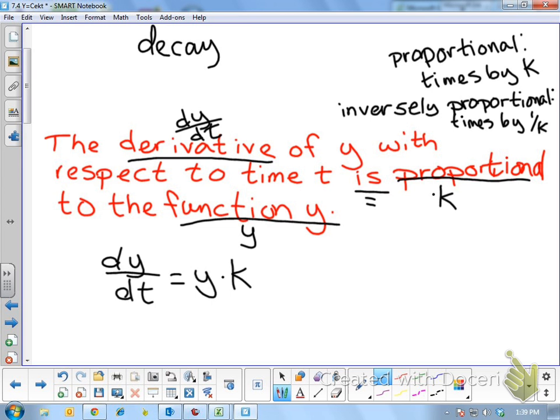This is a separation of variables problem. So, because this is a separation of variables problem, and we practiced separation of variables, I want you guys to try it first, keeping in mind that k is a constant, not a variable. So when you integrate k, you're going to treat it as a constant, not a variable.